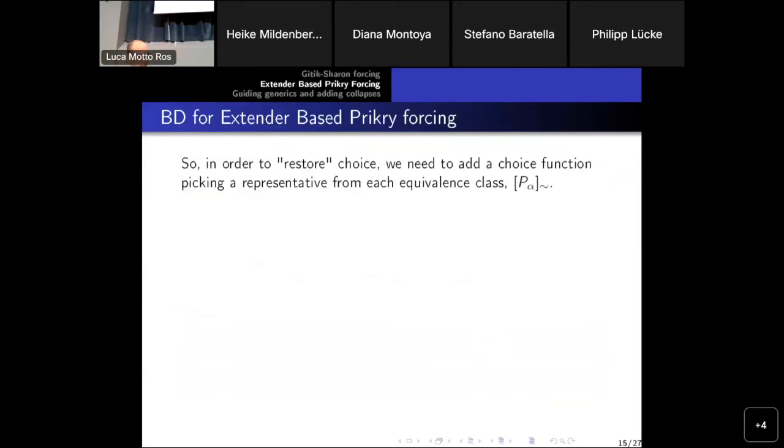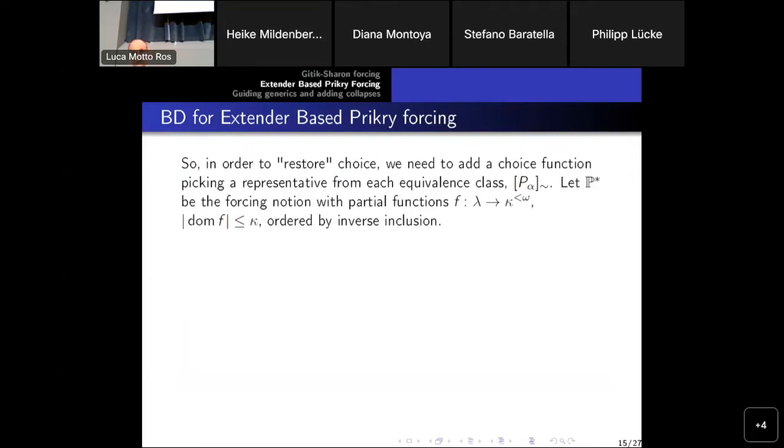So we want to add a choice function, taking a representative from each equivalence class. Okay, so how are we going to do this? We are going to pick a generic.